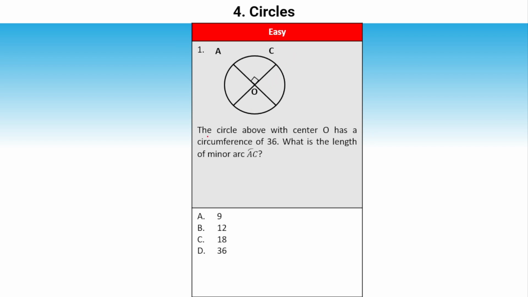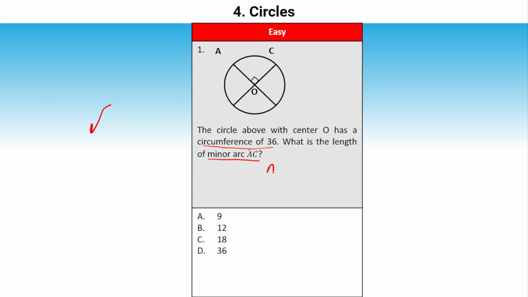So let's do an easy one. The circle above with center O has a circumference of 36. What is the length of the minor arc AC? Okay, so you can see here circumference is given, right? So we have the formula.